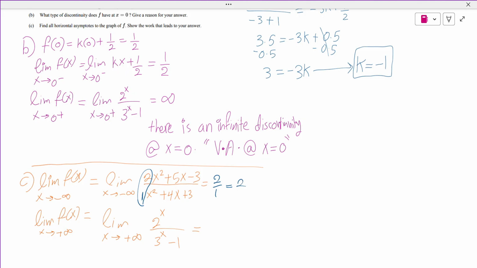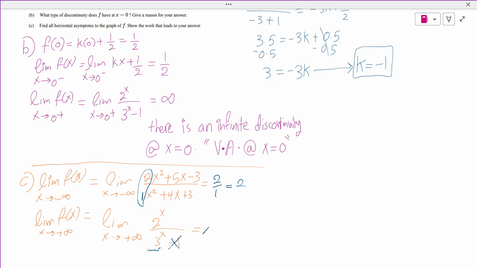And the second one, this is an exponential. It grows much faster than this minus 1. So this minus 1 has no effect, so we can cross it out because we are dealing with infinity.